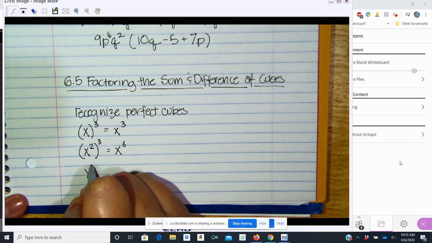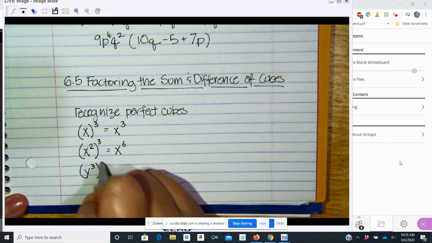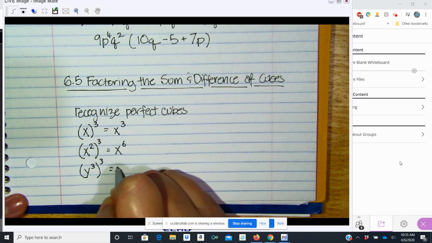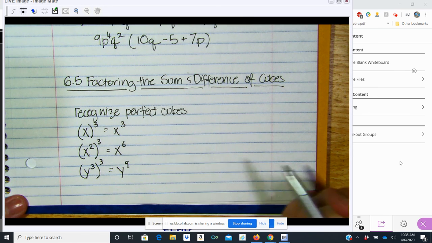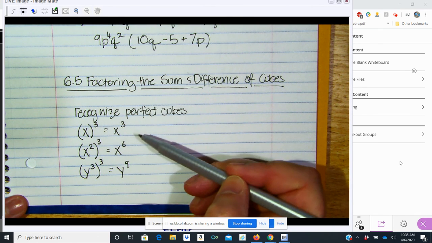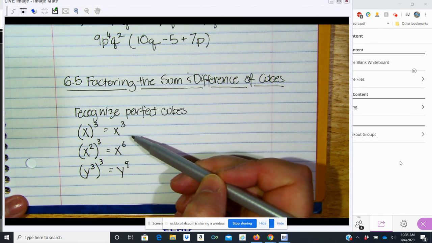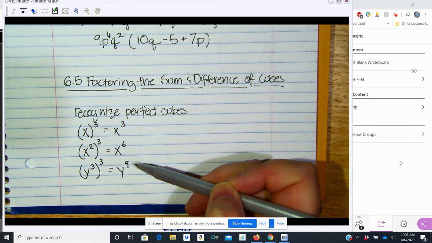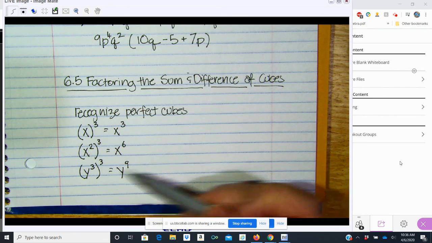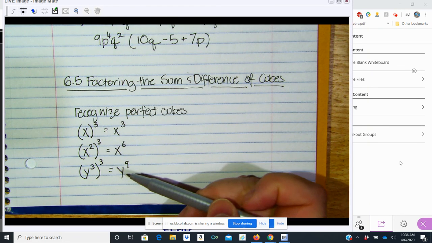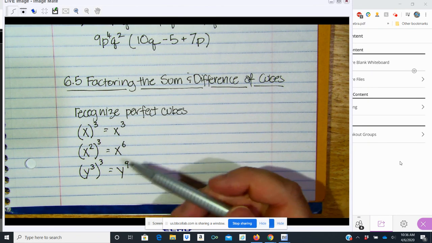If I have a y to the third power and I cube it, that's going to give me a y to the ninth. This is also a perfect cube. So, if your powers are multiples of 3, a 3, 6, 9, 12, 15, etc., there's the possibility that what you have is a perfect cube.